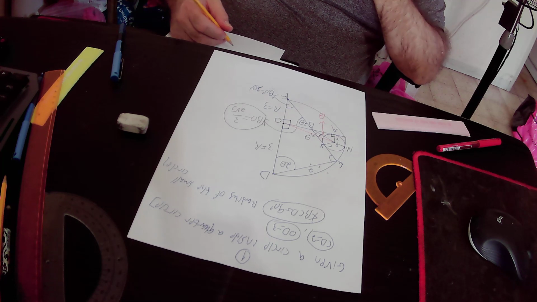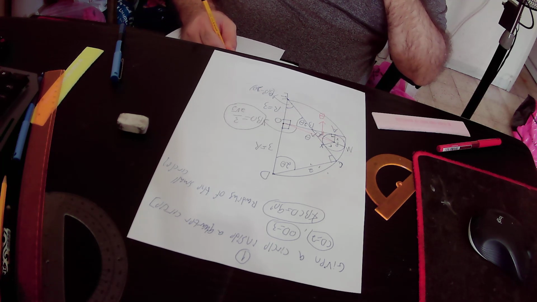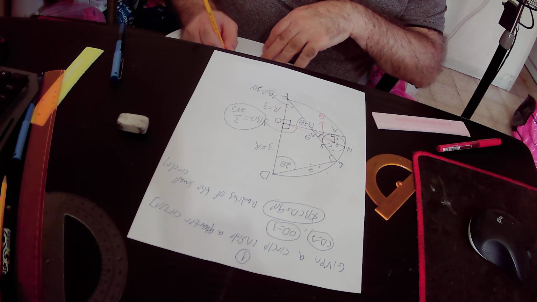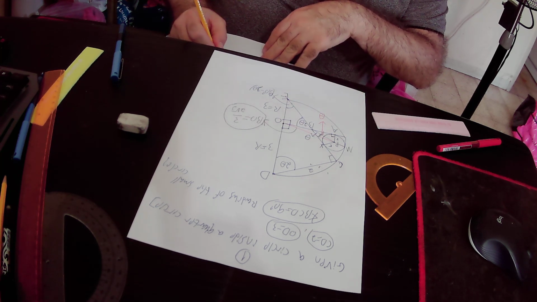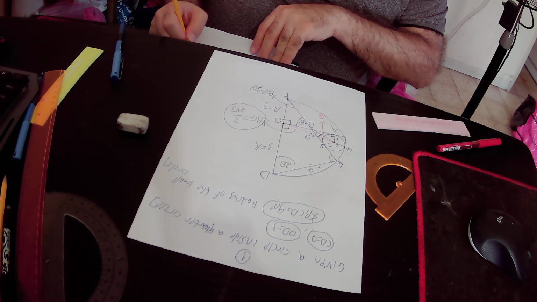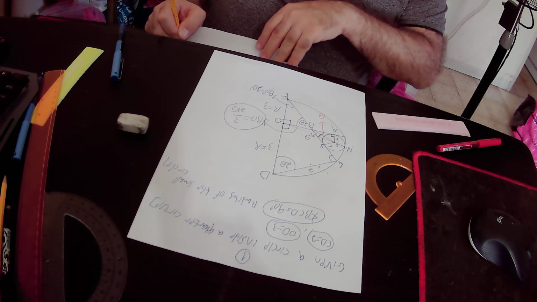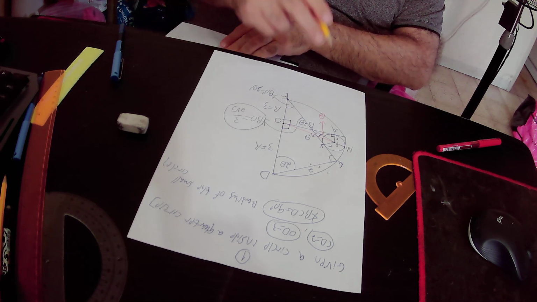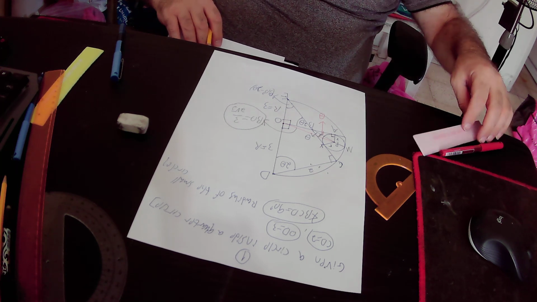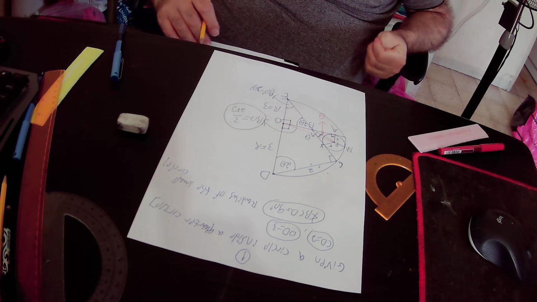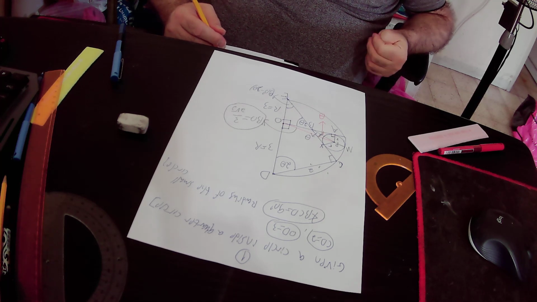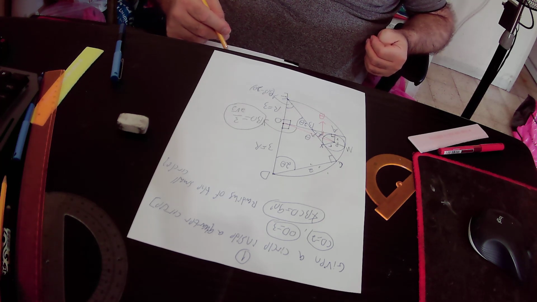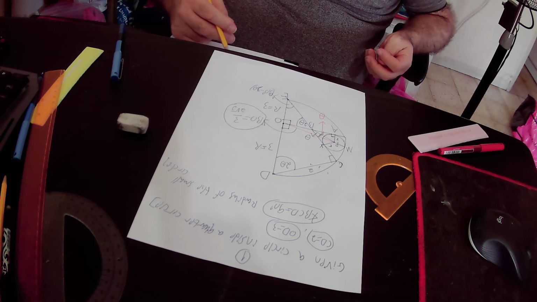Therefore, triangle PAO, this triangle, is a right triangle. That is to say, we can implement the Pythagorean theorem in the right triangle PAO. According to the Pythagorean theorem, the square of the hypotenuse equals the sum of the squares of the perpendiculars.